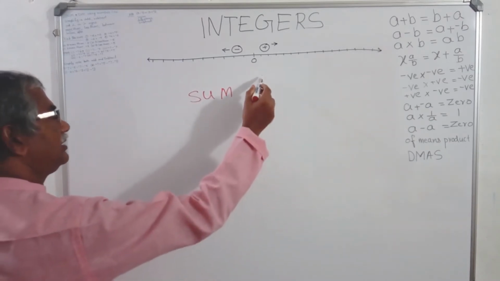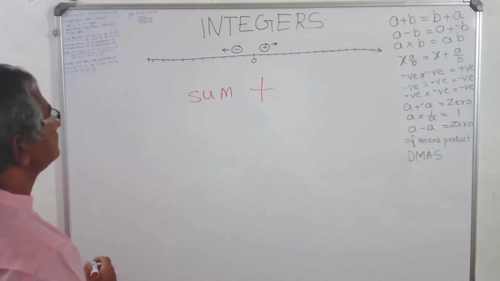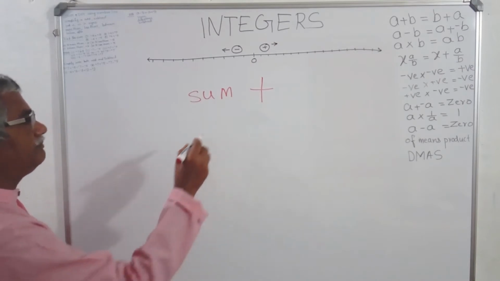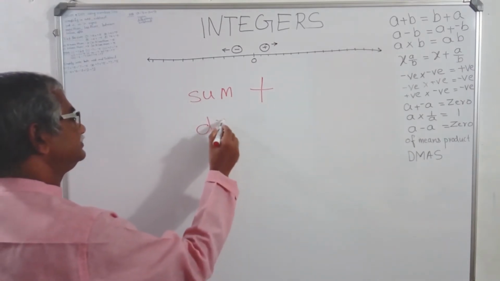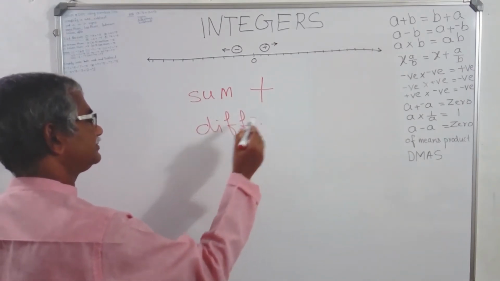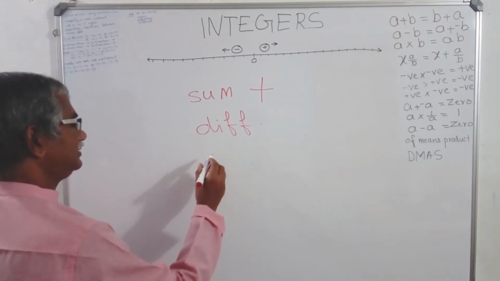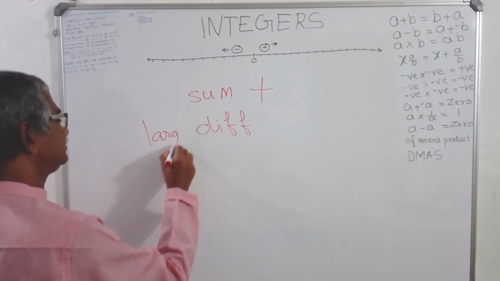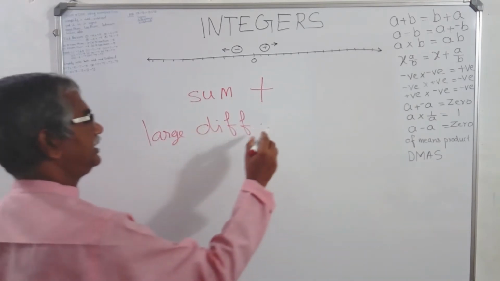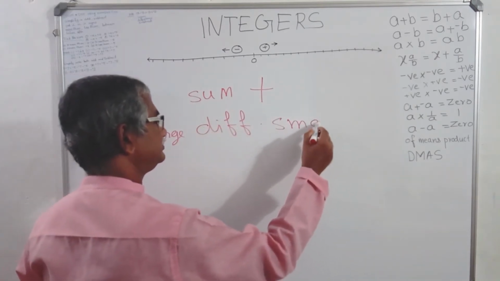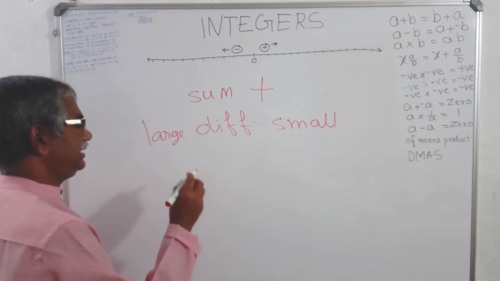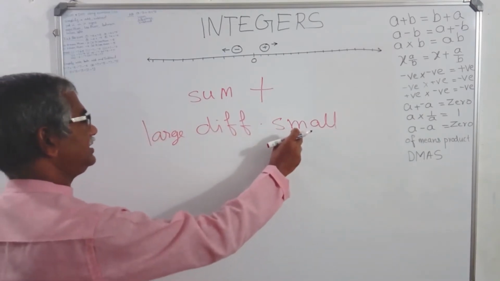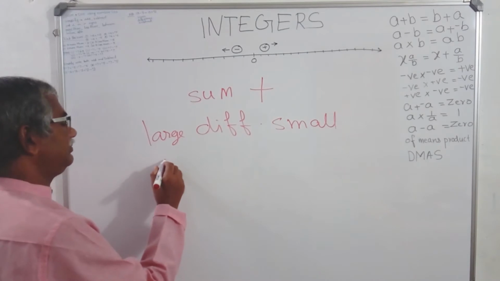That means adding, addition. What do you mean by difference? Difference means the difference between a large number or integer and a small number. Simply we are saying a small number is subtracted from a large one.